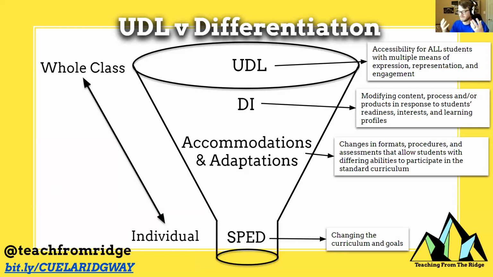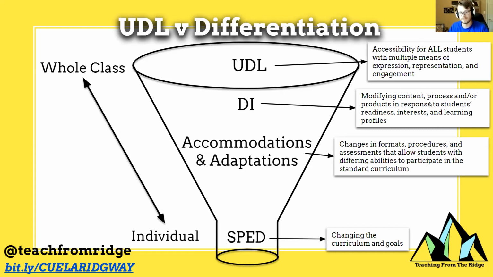What I've always been taught, and I think this is probably the best way to remember this, is that UDL is like a funnel, and making accommodations and things like that are a funnel for students. So at its very top, and you can kind of see this up here, UDL is accessibility for all learners with multiple means of representation, expression, engagement, those kind of things we talked about just on the last slide, right?